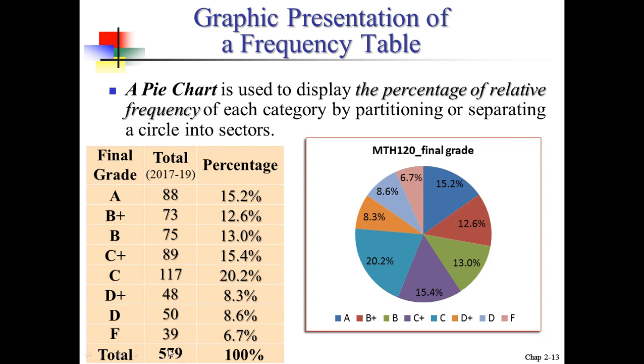This is the total for 3 years together. I convert these numbers into percentages: 15%, 13.5%, 15%, 23%, 9%, and 7%. I'm not rounding up, I just keep 1 digit behind the point.